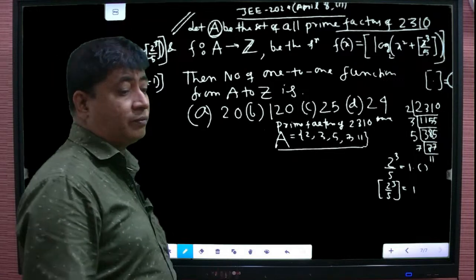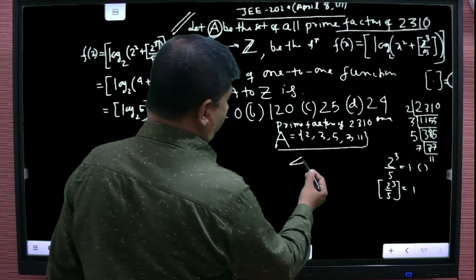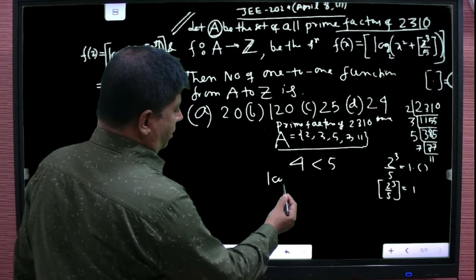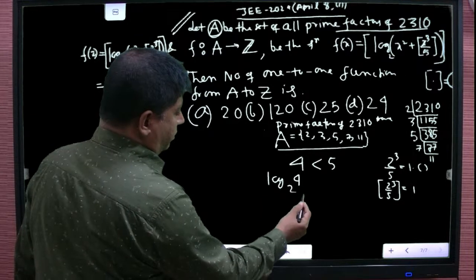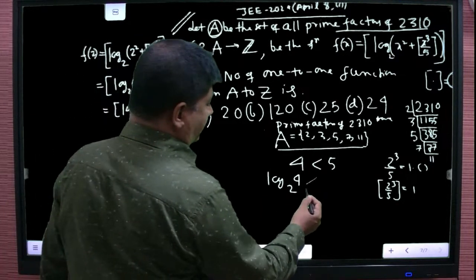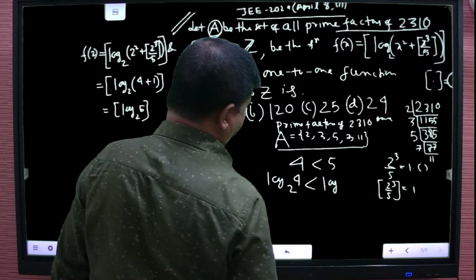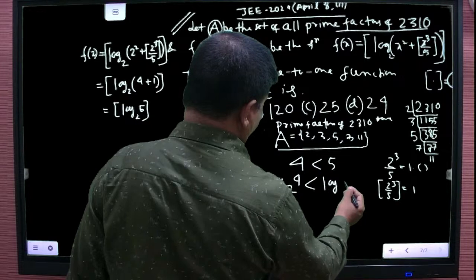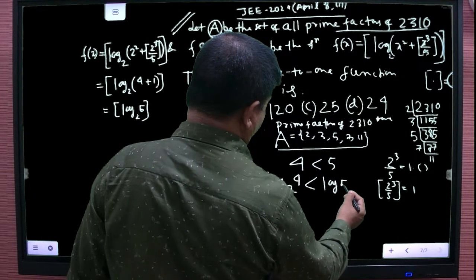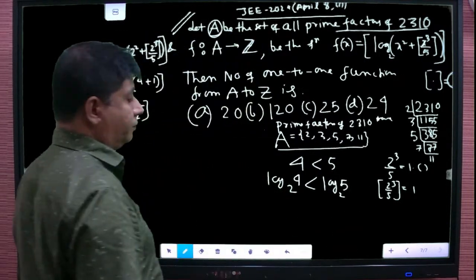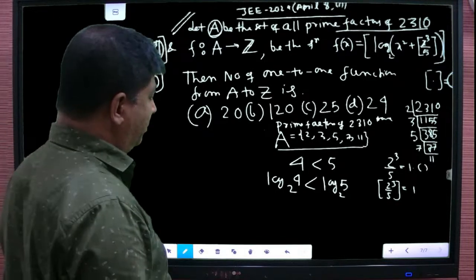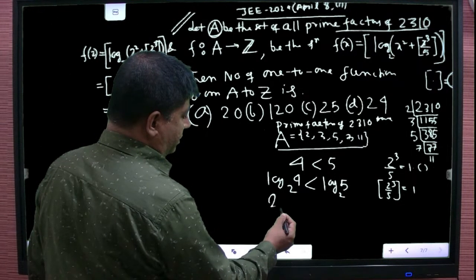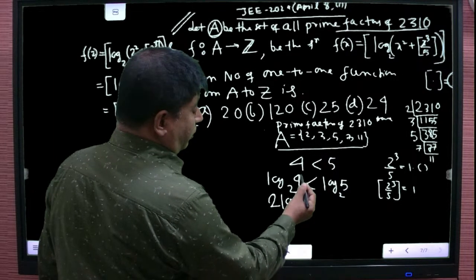Now you see 4 is less than 5. That means log of 4 to the base 2 is less than log of 5 to the base 2. Then you can say that log of 4 to the base 2 means 2, because 4 means 2 square.